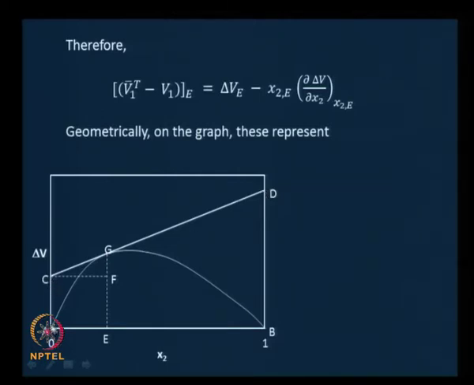The intercept here, Ca, would give us the difference between V_1 hash, the partial molar property, and the molar property at 1, and since you know the molar property at 1, you could find the partial molar property. And similarly you could do it for the other, V_2 hash for a binary system, in terms of this other intercept dB.